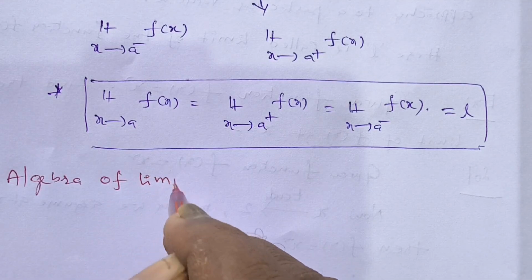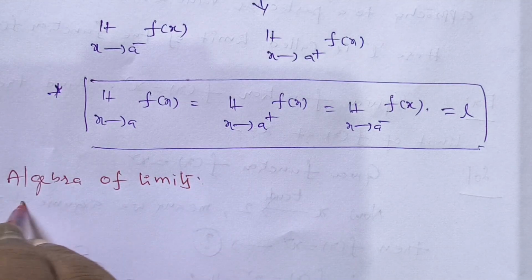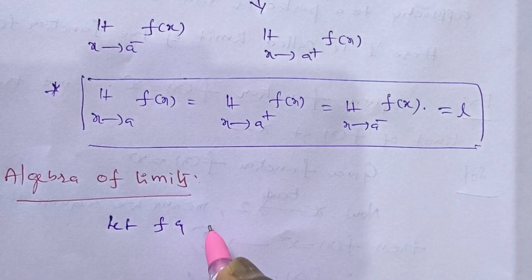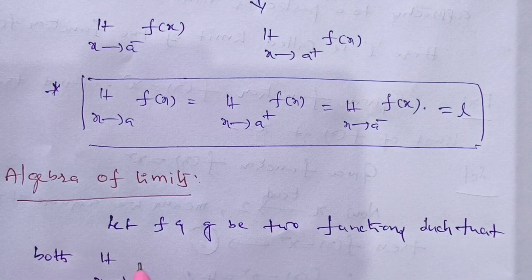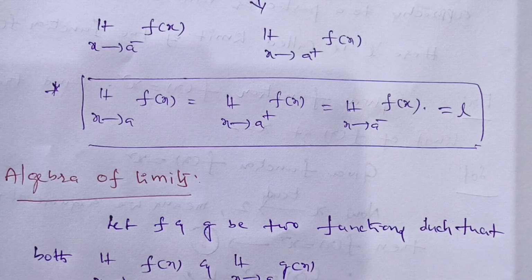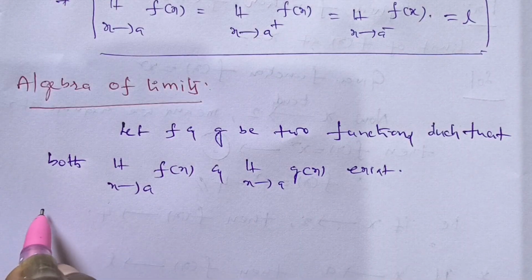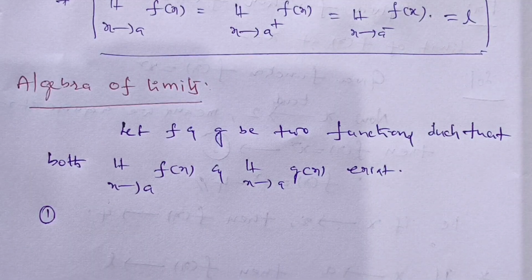Now, the algebra of limits. What are the algebra of limits here? Let f and g be two functions such that both limit x approaches a f of x and limit x approaches a g of x exist. These limits exist at x is equal to a.